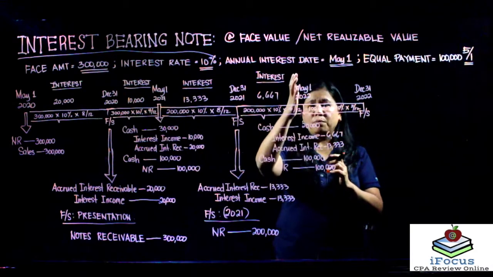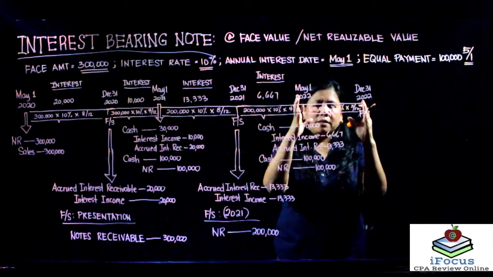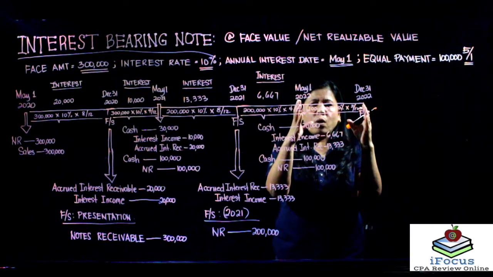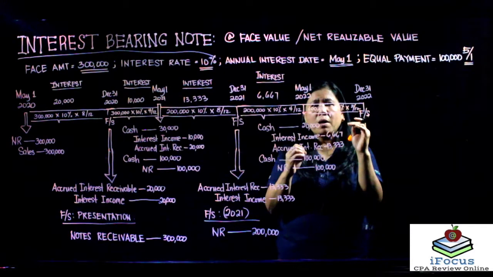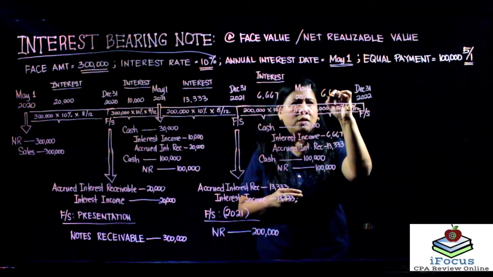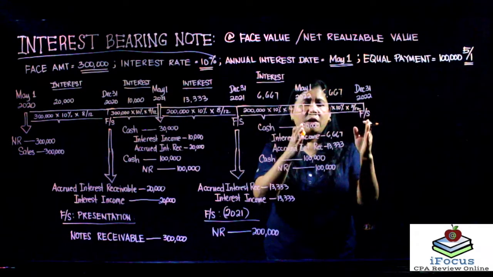All right, on May 1st of 2022, our basis for the interest is 100,000, and we come up with an interest of 6,667 as our interest for the 8 months.